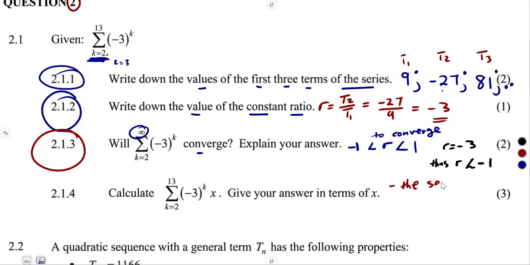The reason being that our r there is less than minus 1. Instead, it must be greater than minus 1. So this is how you can simply attempt these typical questions.